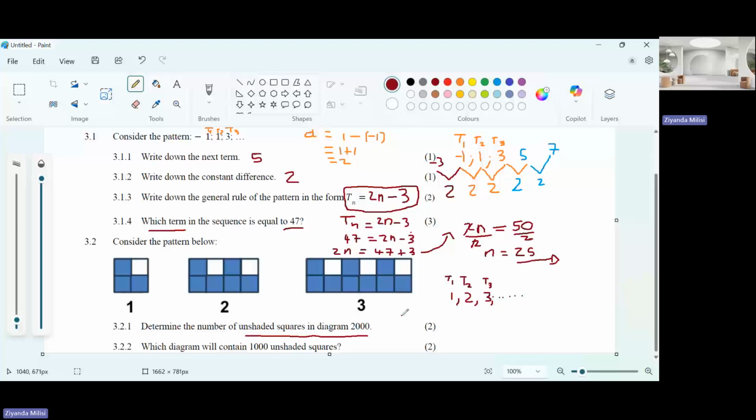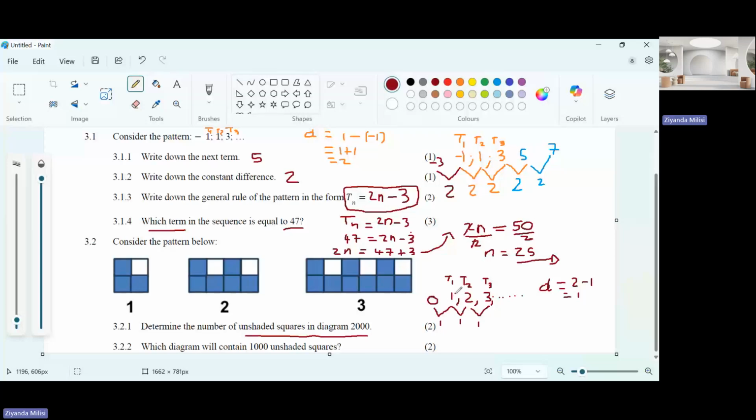You know how to work out the constant already, guys. It's going to be 2 minus 1, term 2 minus term 1, which is equal to 1. Then term 3 minus term 2, 3 minus 2, it's 1 again. So the constant difference here is 1. Already you should know the number that came before 1, that you added 1 to, and gave 1. It's 0. 0 plus 1 will give you 1.